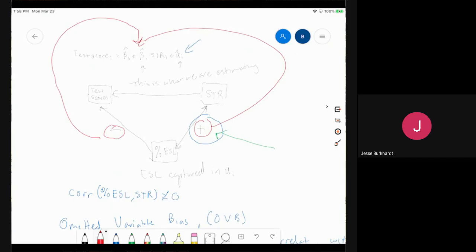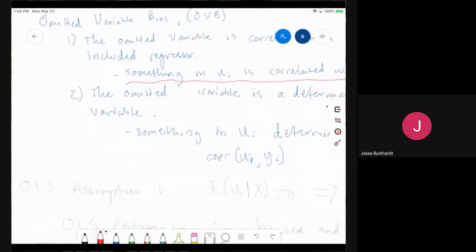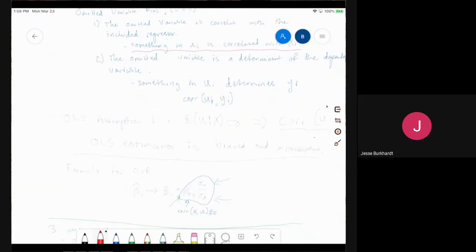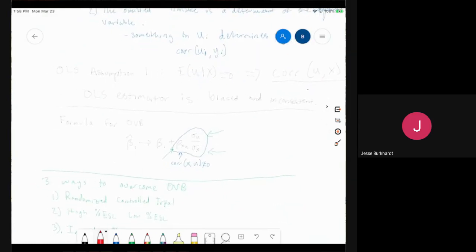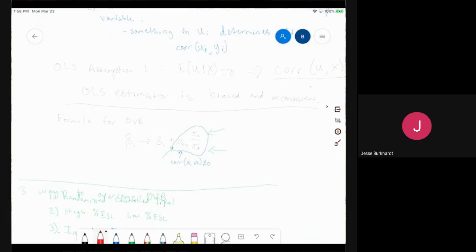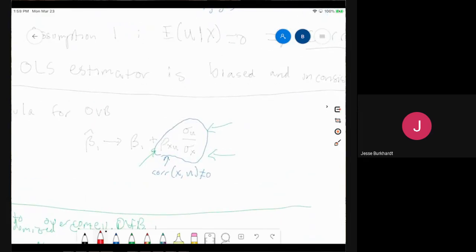We also made the case that a higher fraction of English language learners in a classroom is negatively correlated with test scores. So the negative and the positive correlations multiplied by each other are going to lead to a negative bias in our beta hat 1 coefficient. We know that because we wrote down the equation for bias. Beta hat 1 converges to the true population beta 1 plus the correlation between x and u times their standard deviations. So when the correlation between x and u is negative, we're going to have negative bias.